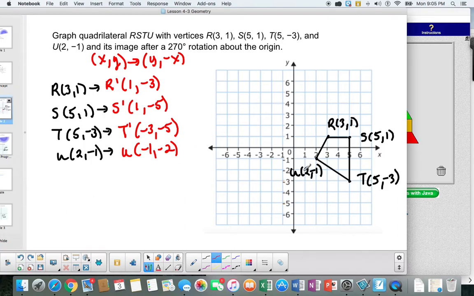Okay, how about (1, -3), (1, -5), (-3, -5), (-1, -2). And I'm going to join them. And you can get the feel of this figure turning 90, 180, and then 270.